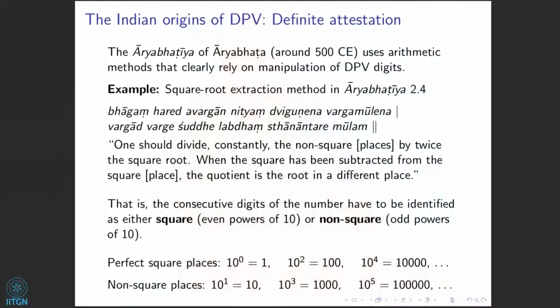So what we have, where this new maturity appears for us in decimal place value, is, as Professor Srinivas also mentioned yesterday, the astronomical and mathematical work called Aryabhatiya of Aryabhata, written sometime right around 500 of the Common Era.